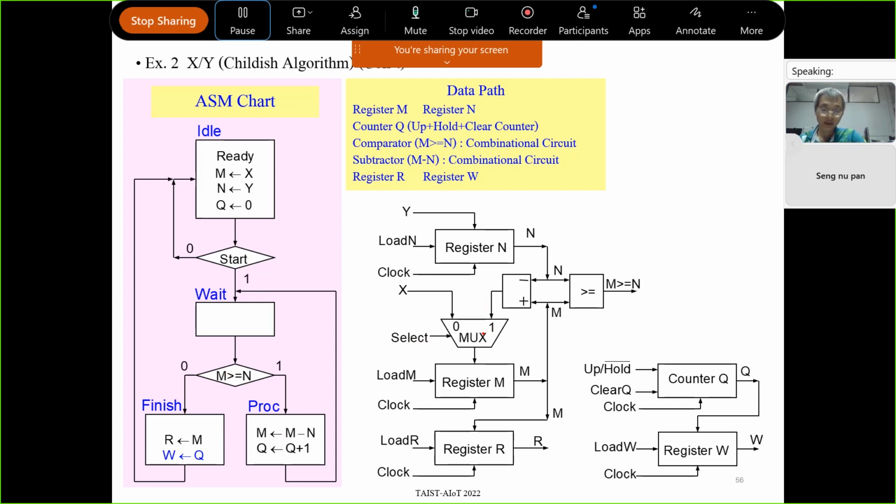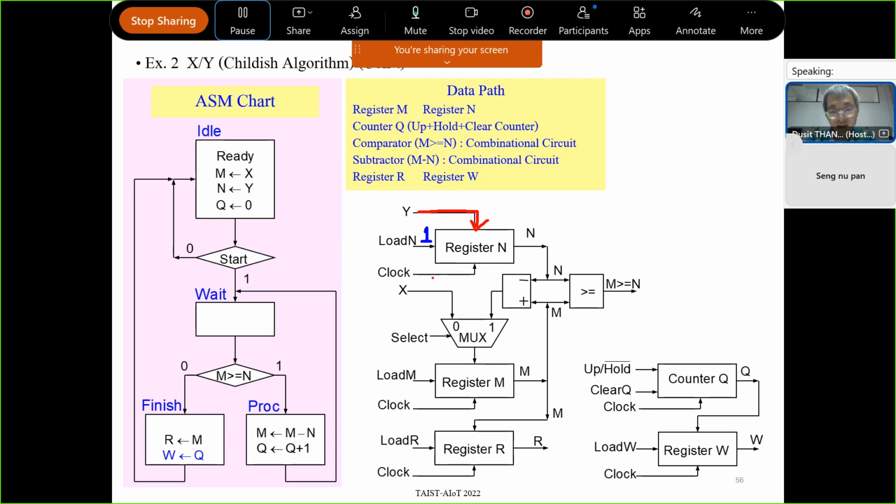To do the operation, each register has a load enable, which is a control or enable signal. For example, if you want to load data to register n at this state, load n should be 1, prepared to load. But it does not load data, for example from y to n, suddenly.